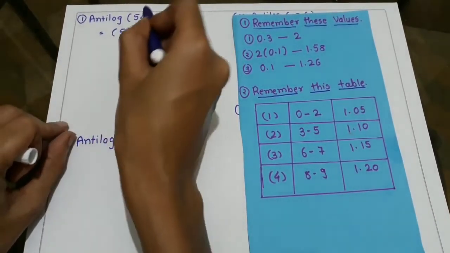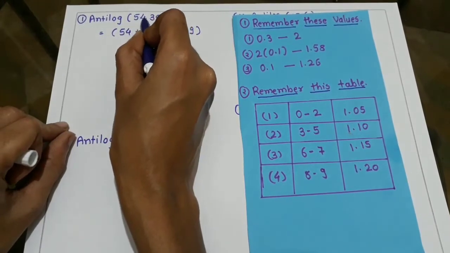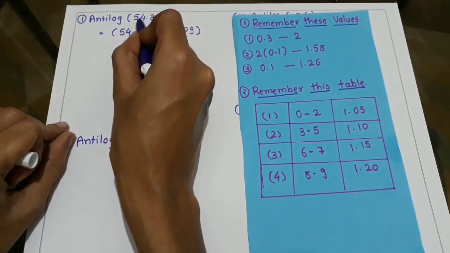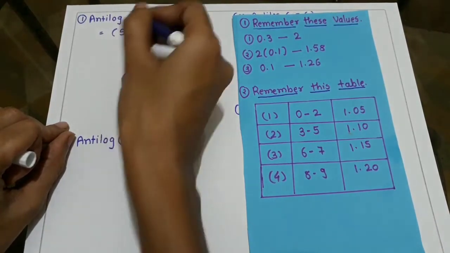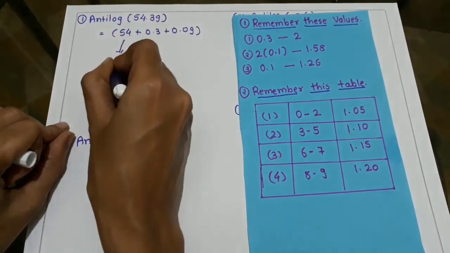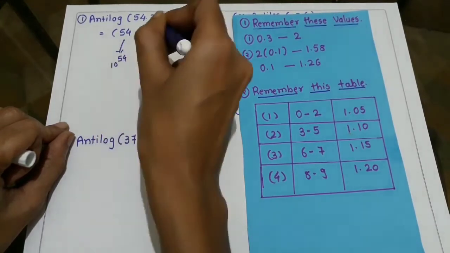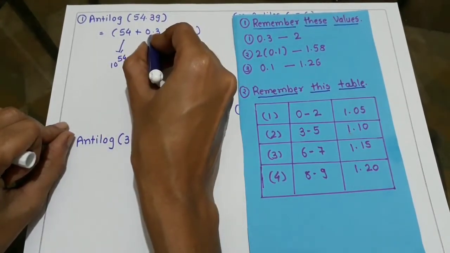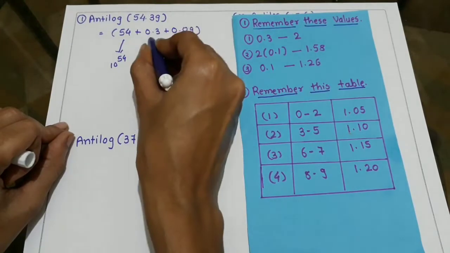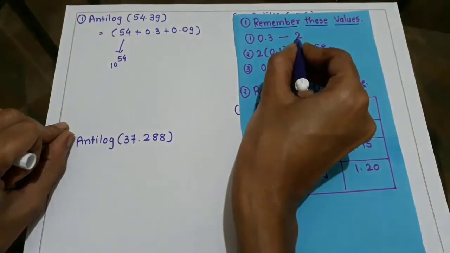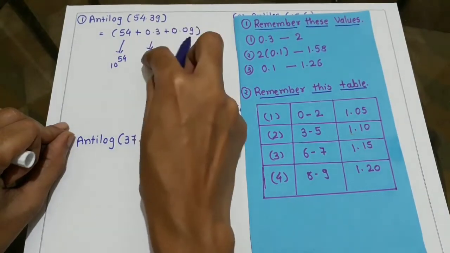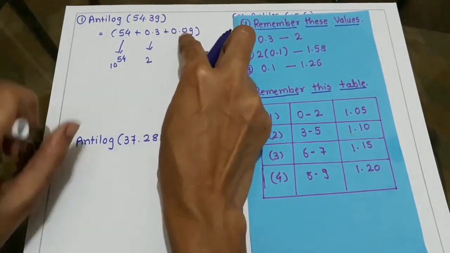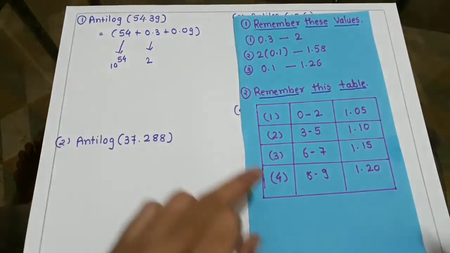After that, the number before the decimal point we take as a power of 10. So here 54 is before the decimal point, so I will take it as 10 to the power 54. Now the value of 0.3, which I have written over here, is 2. So for 0.3 I will write 2. For the last digit we have to use this table.